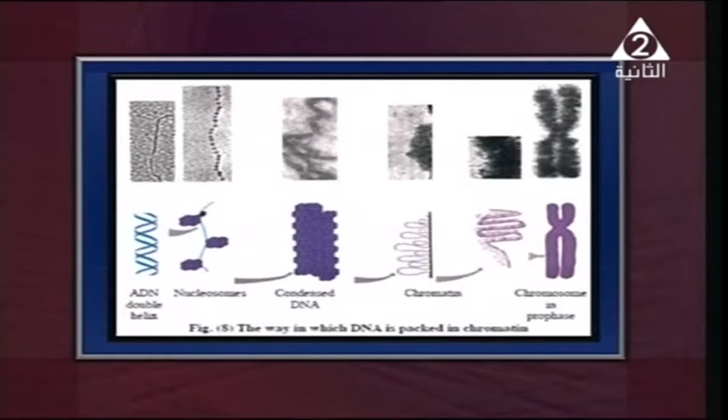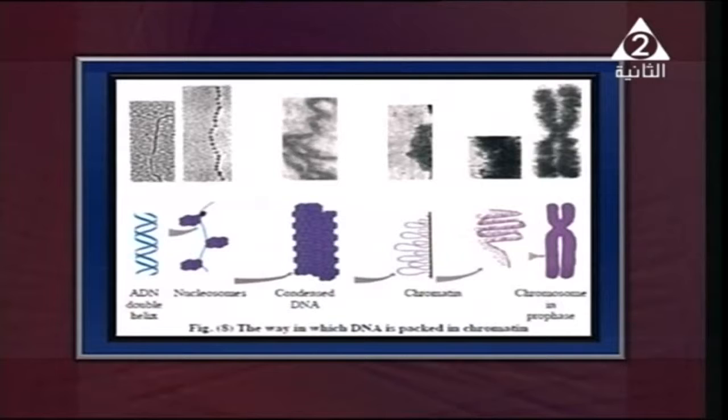And we have here a picture to show the condensing of DNA, the formation of nucleosomes and the formation of chromosomes. The upper picture shows that these pictures are taken, I think definitely, by X-rays.